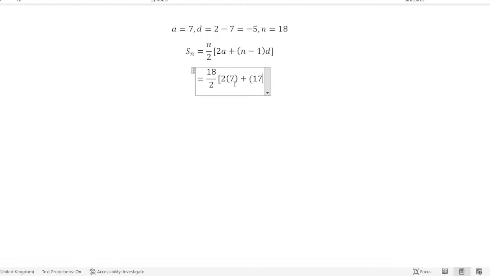So here we're going to have 17 into negative 5, then close brackets.